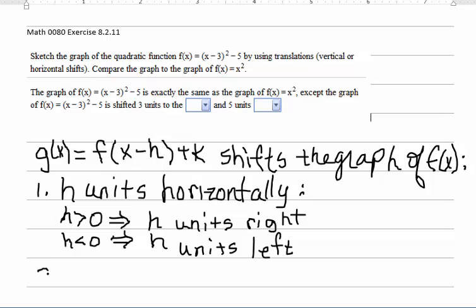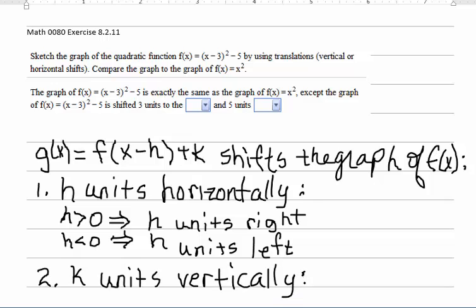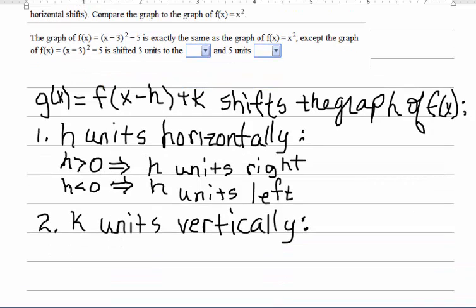g of x equals f of x minus h plus k shifts the graph of f of x k units vertically. So that means that if your k, if what you're adding on to the squared expression is bigger than 0, then the shift is k units up.